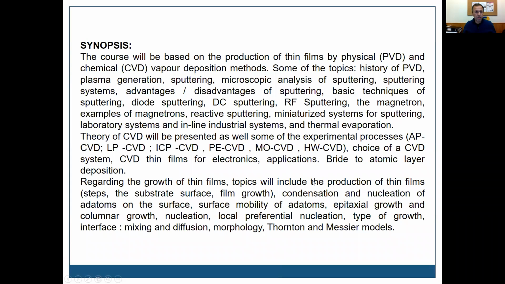As a synopsis of this course, I'll be talking about the production of thin films by physical methods, such as PVD and thermal evaporation, or by chemical methods, which is chemical vapor deposition, or CVD. And I'll make a bridge from CVD to atomic layer deposition. Topics of the PVD part will include the history, plasma generation, sputtering, microscopic analysis, different sputtering systems, and the different sputtering modes.